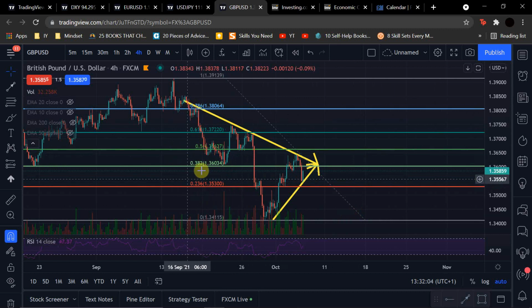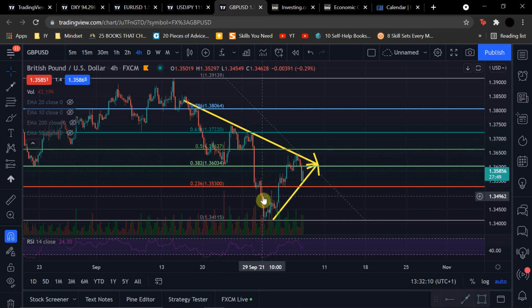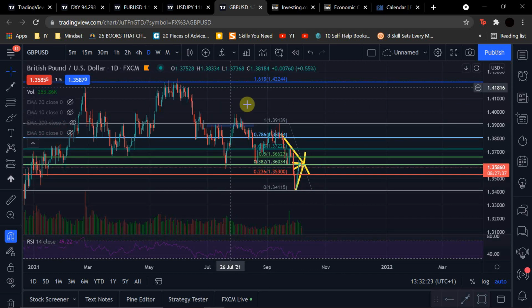Okay, so look, there was a fake out, came out here, and then boom, broke out. Descending triangle reached this point, broke out again, came up, broke out, touched here, broke out. Would I say this is accurate?